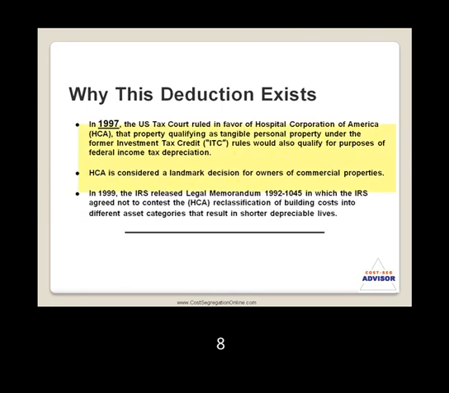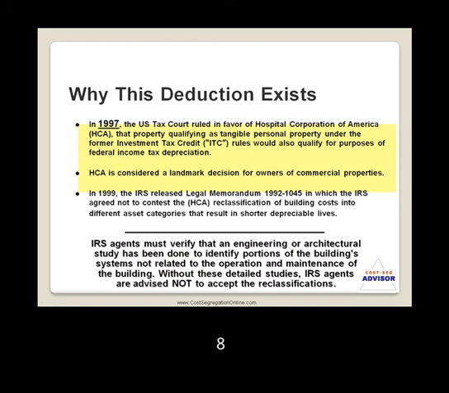So basically, we understand why the deduction exists. We understand that the IRS released a memorandum saying that they would not contest future cost segregation studies in 1999 due to the landmark case that the Hospital Corporation of America won. But here's the bottom line and the caveat. It's that IRS agents have to verify that an engineering and architectural study has been completed.